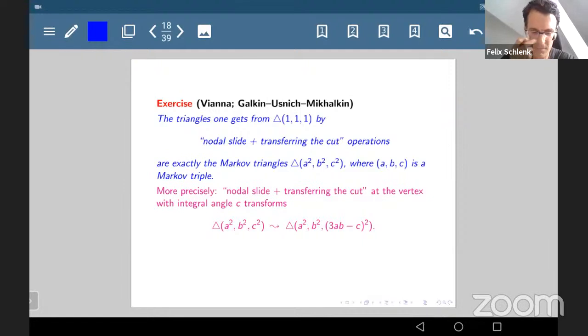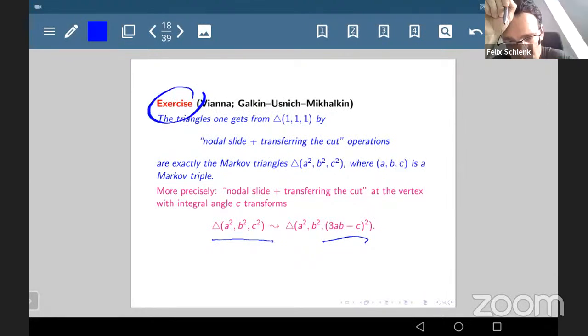And now, once you observe that the nodal slide transforms the ABC triangle into something, you compute this something and you immediately check that it is the Markov move. So this is an exercise, here it is. It is not so difficult, but it is not 10 minutes.